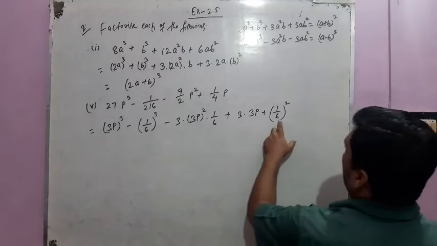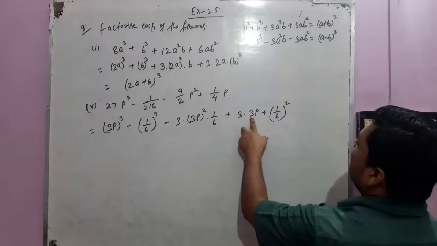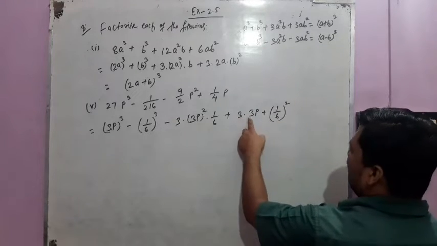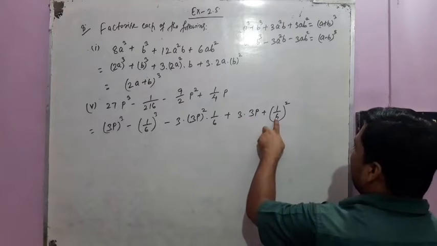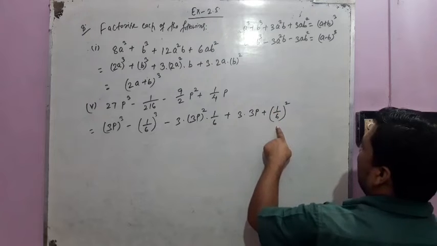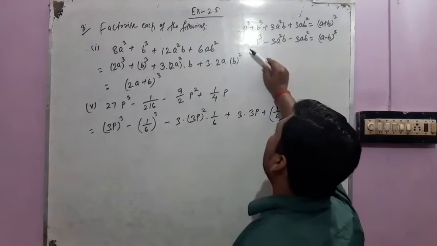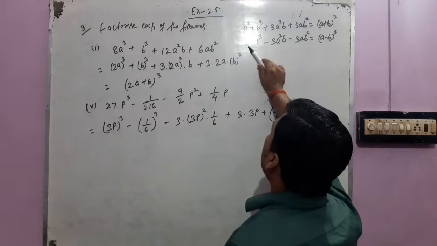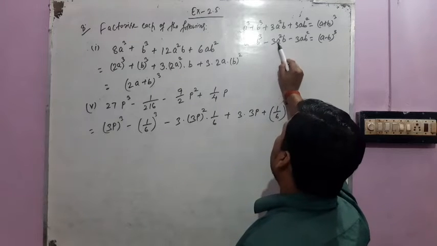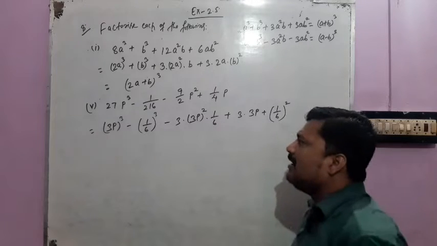Now the square of 1 is 1 and the square of 6 is 36. 36 when divided by 3 threes are 9, we will get here 4. 3 threes are 9 here, and 9 divided by the square of 6, which is 36, so 9 by 36 is 1 by 4, we will get here 1 by 4p. So students, doing this with the identity, you will see a cube minus b cube minus 3a square b plus 3ab square is equal to a minus b whole cube.